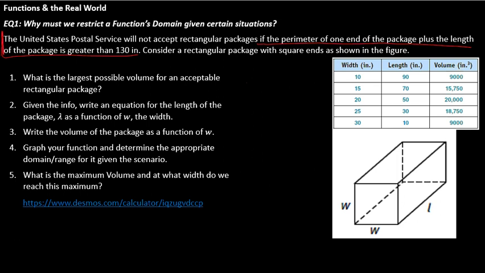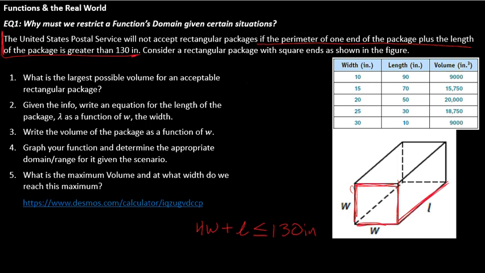What this means is they will accept it so long as the perimeter, so that would be W plus W plus W plus W, so that would be 4W, plus the length is less than or equal to 130, and we're talking about inches, right?